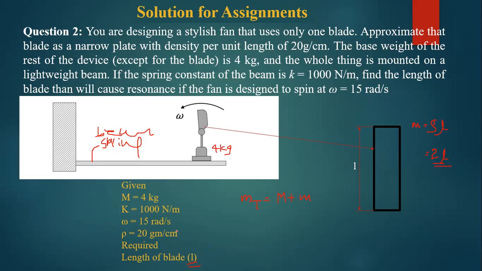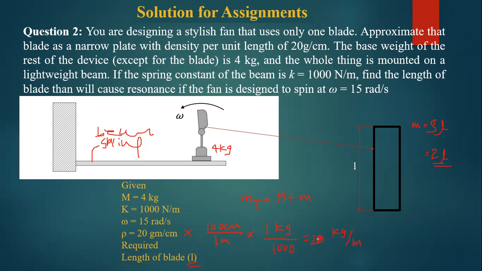Rho is 20. If we convert this to the SI unit system, 20 grams per centimeter times 100 centimeter over 1 meter times 1 kg over 1,000 gram, we get 2 kilogram per meter.